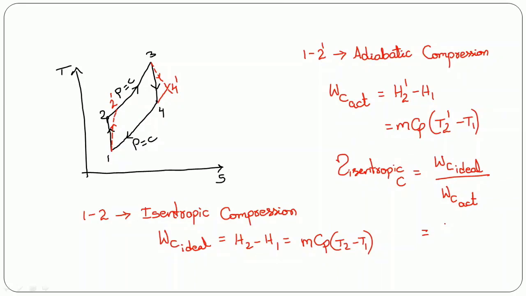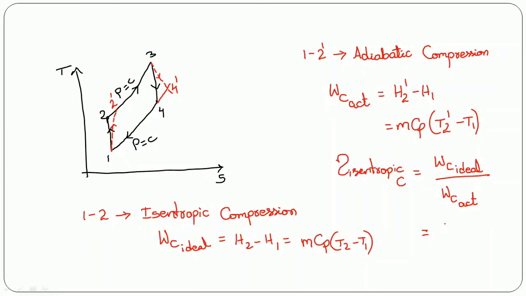Compressor is a work consuming device. So ideally it has to consume less amount of work. But due to practical reasons like certain irreversibilities like heat losses due to friction, then magnetic hysteresis, all these are the irreversibilities.